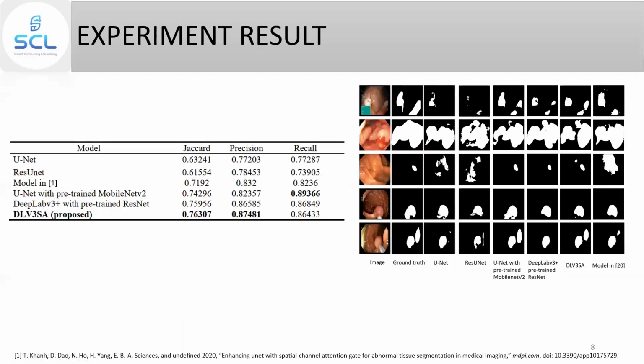About the experiment results, we ran experiments with 6 models like this. The first model is UNet. The second model is ResUNet. The third model is in this paper, and then the UNet with pre-trained MobileNetV2, the DeepLabv3+ with pre-trained ResNet, and the proposed method.